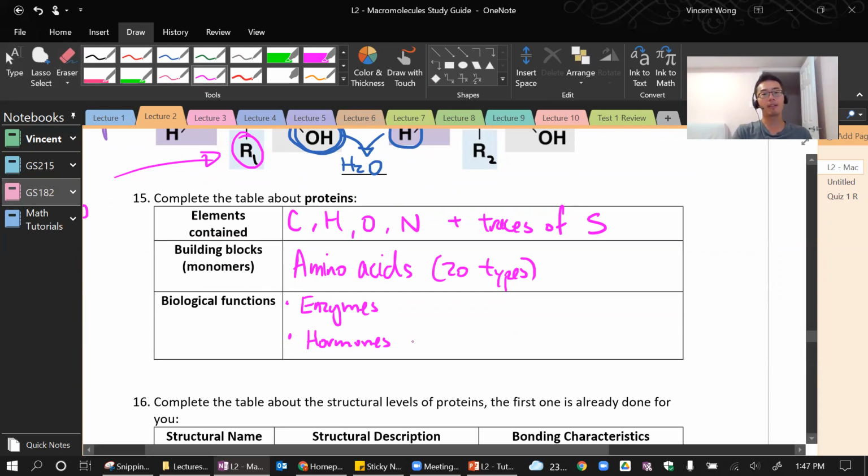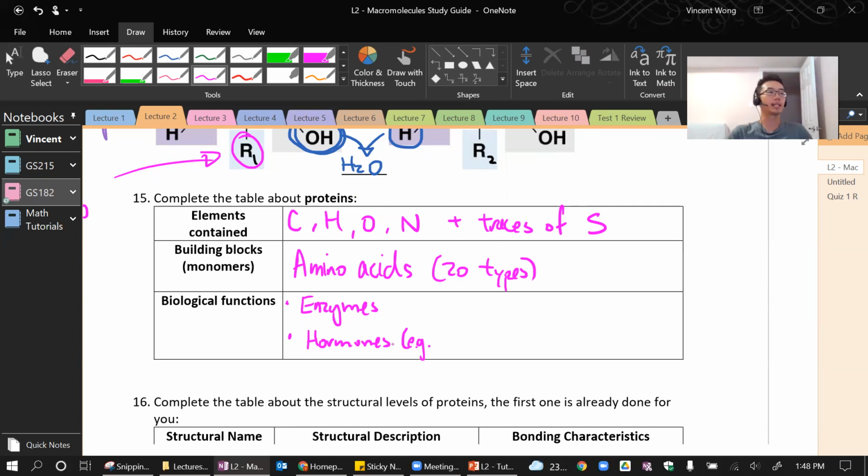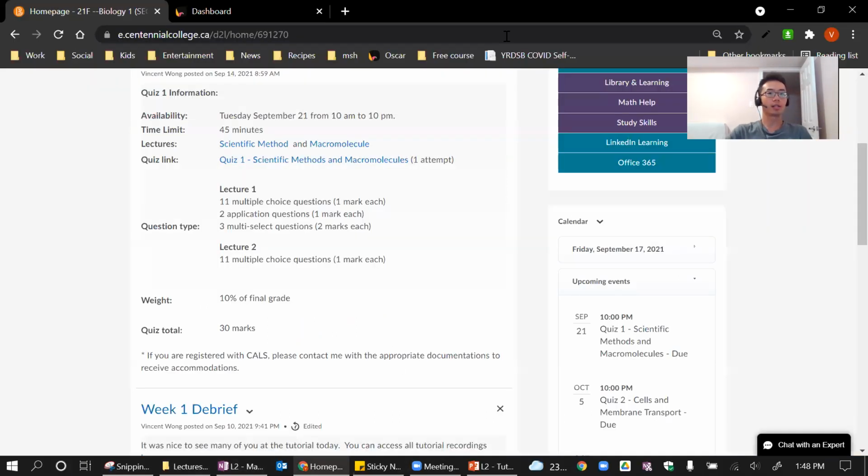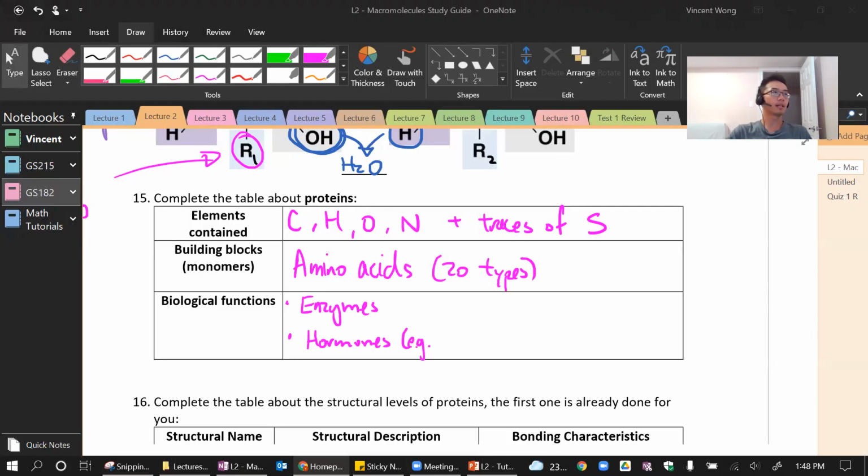Anybody have an example of protein hormones that they know of? Oxytocin, someone said oxytocin. I believe that is a peptide hormone, if I remember correctly. Anyone else have a peptide hormone that they know?